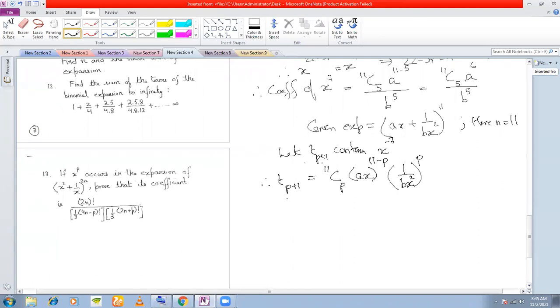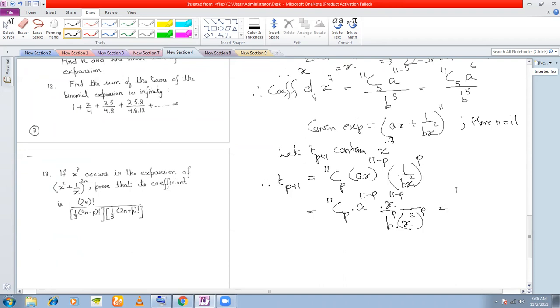Now you simplify this, you get 11cp into a to the power of 11 minus p into x to the power of 11 minus p divided by b to the power of p into x square to the power of p.